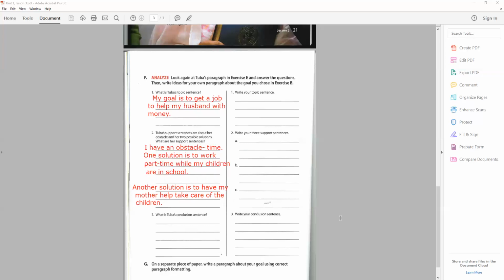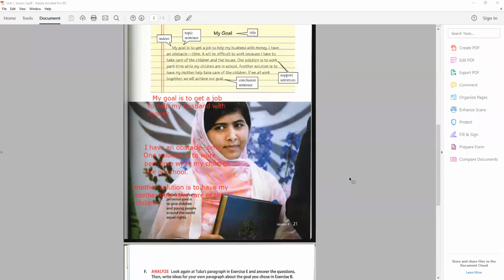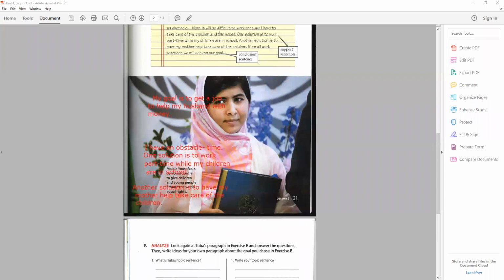All right, then let's get number 3. It says, what is Tuba's concluding sentence? If you look up at page 21, her conclusion sentence is, if we all work together, we will achieve our goal.